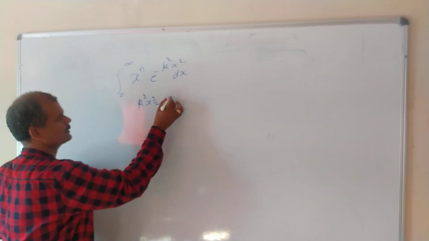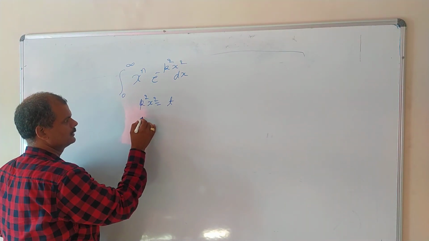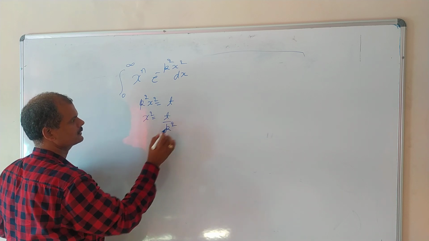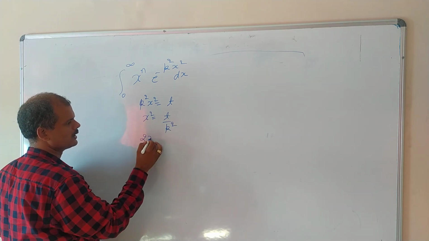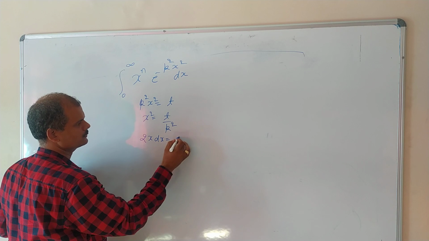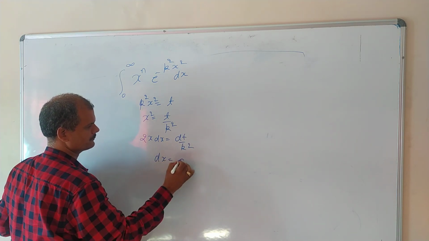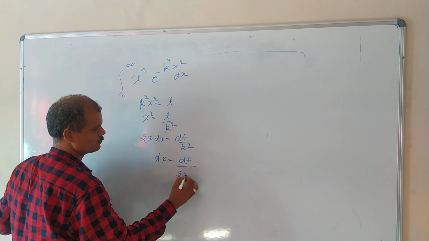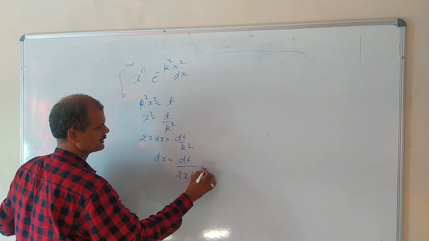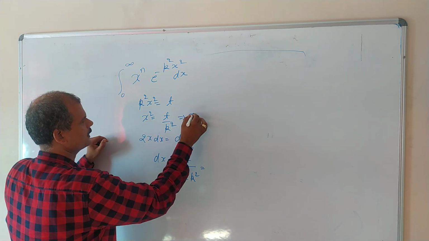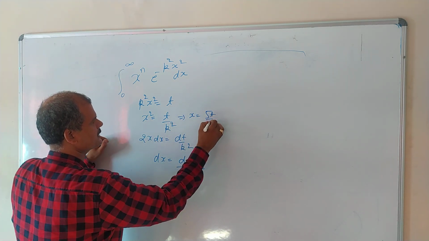We'll take k square x square equal to t. So x square equal to t by k square. So 2x dx equal to dt by k square. So dx will be dt by 2x k square, and x will be root t by k.